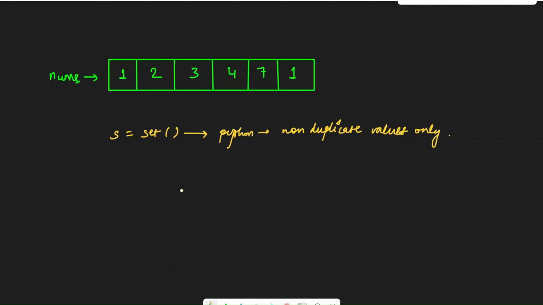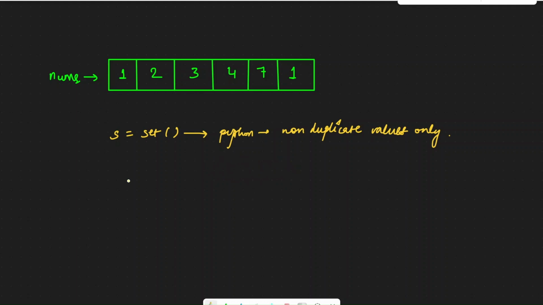If we try to add a duplicate value in a set, then it would reject it. So for example, if we have 1, 10, 20, and then we again try to add 1 here, then the set would not allow it. This will get rejected, and that's the concept that we are going to use here.